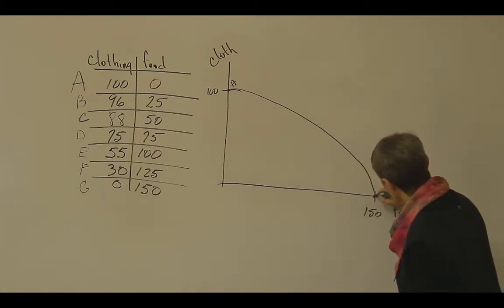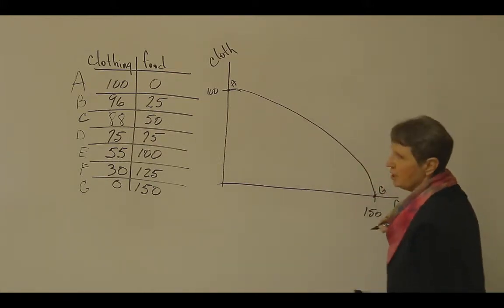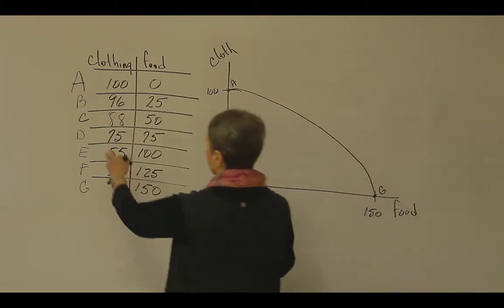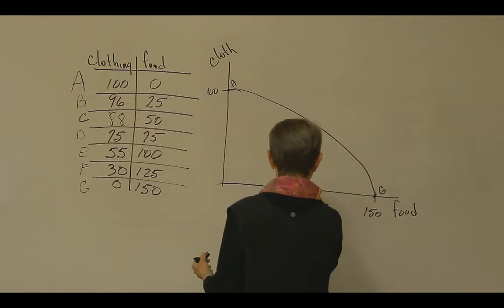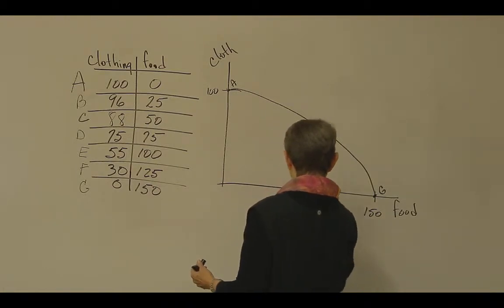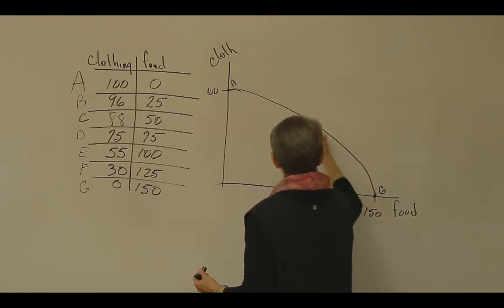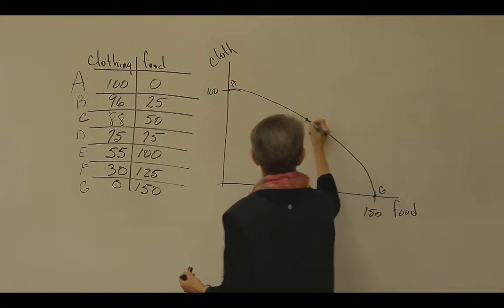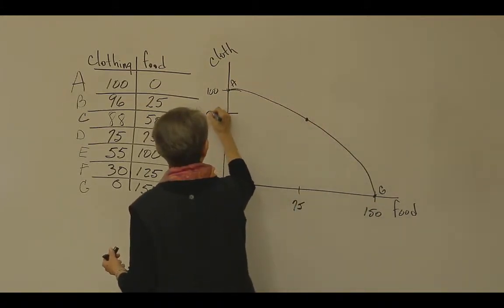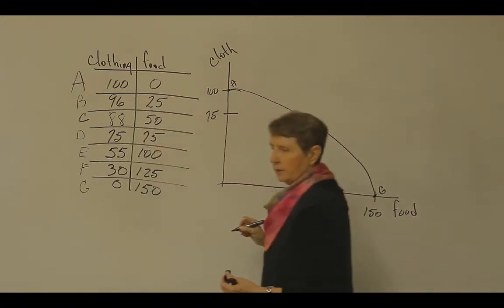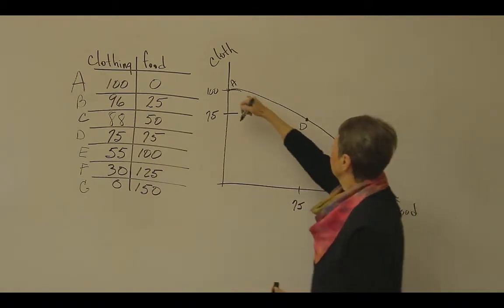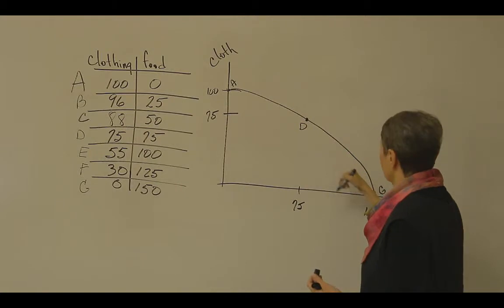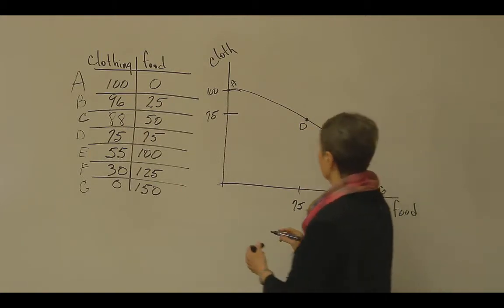This would be point G. Let's put another point in there, D: 50 and 75, that'd be right here. This is point D. And B, C, E, F are the other points here, which I haven't marked.